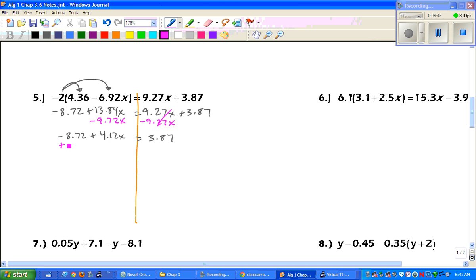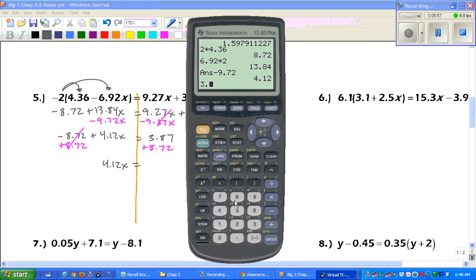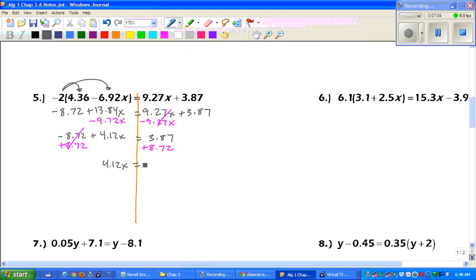Okay, my x is on the left-hand side, so I need to get rid of that 8.72. And we're left with 4.12x equals 3.87 plus 8.72 and equals 12.59.